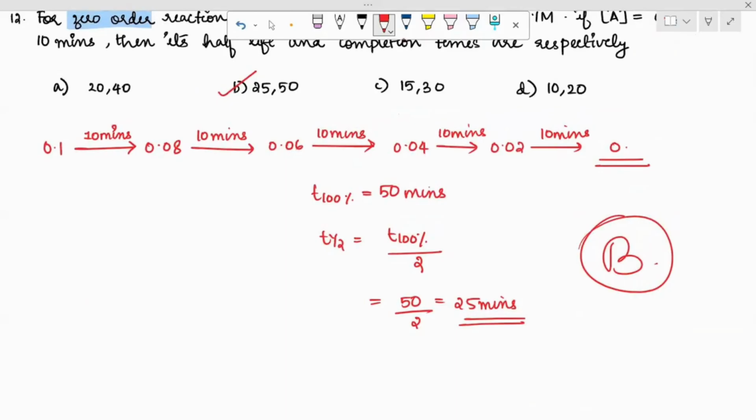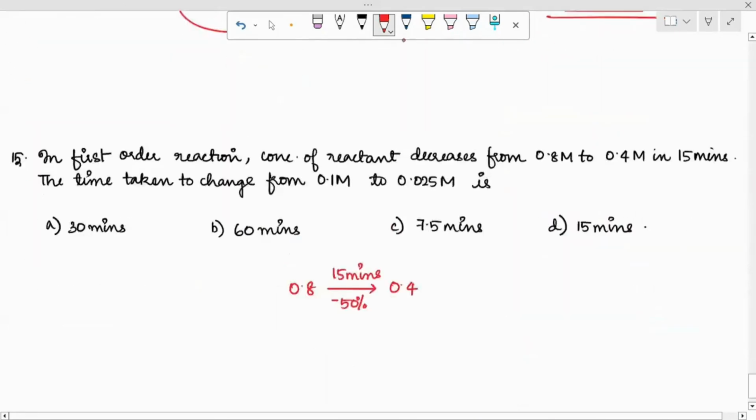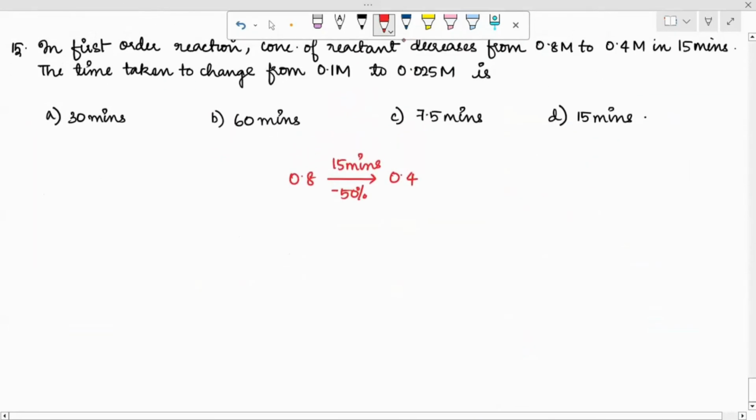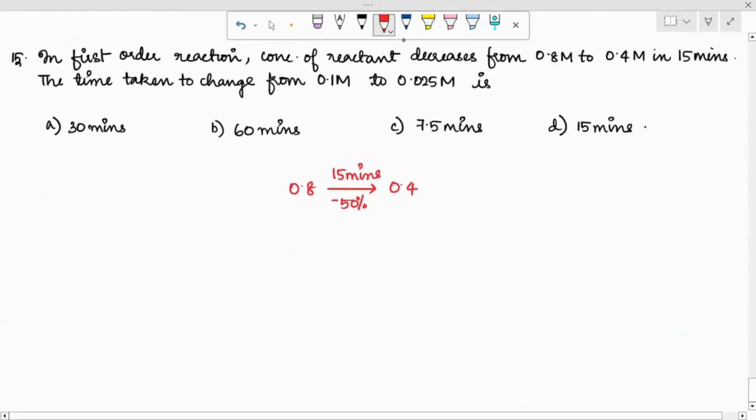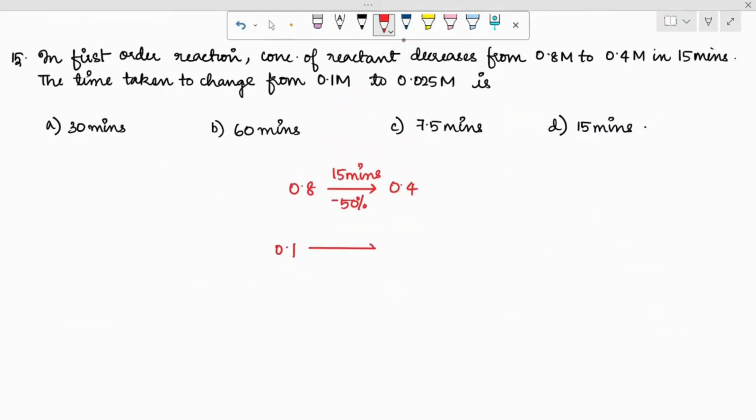Here it's not the same amount. It is the same percentages of the reactant in same time. Same percentage. So pay attention. One is percentage and the other one is just amount. So if I have to reduce from 0.1 to 0.025, 0.1 will reduce to 50%. That is 0.05 in the first 15 minutes.